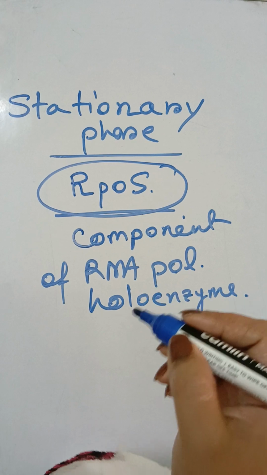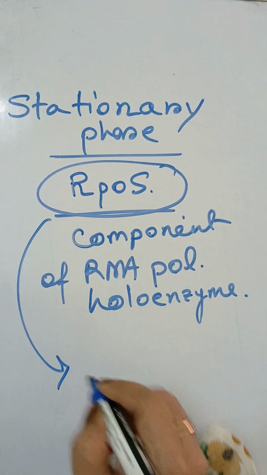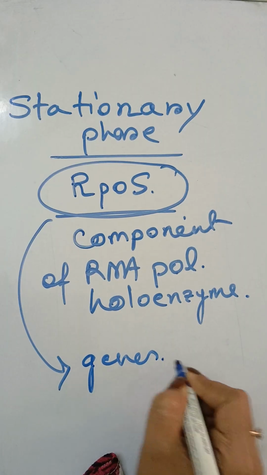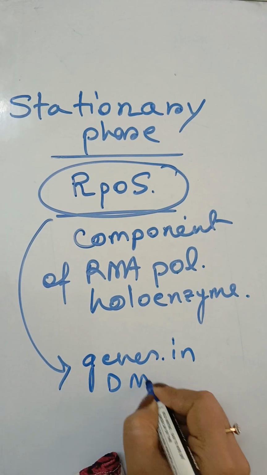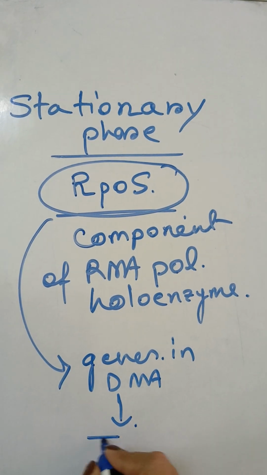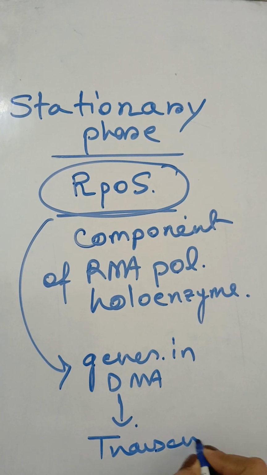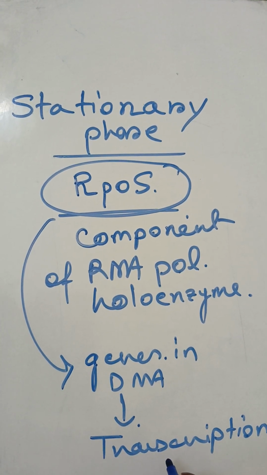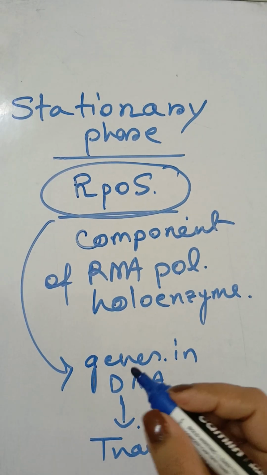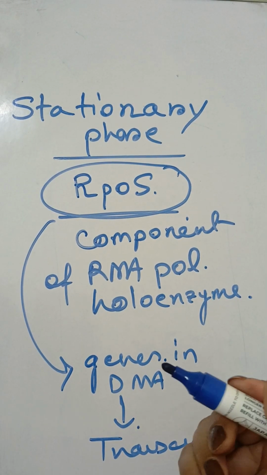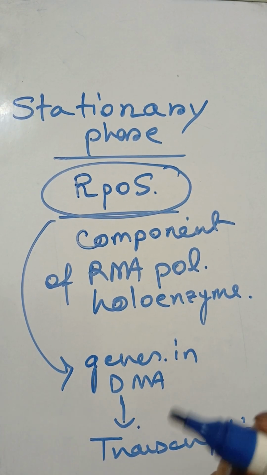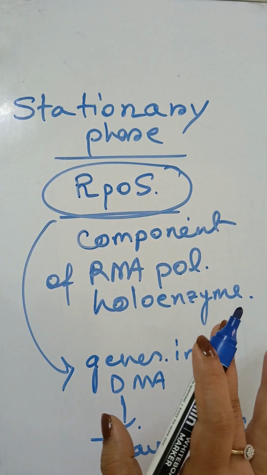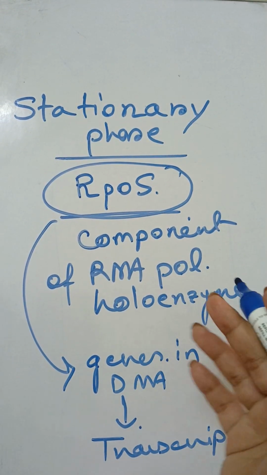This type of protein usually binds at specific genes in DNA and then starts transcription of those genes, so that the bacterial cell can get those proteins or enzymes which will help them survive in the starved condition, meaning nutrient-limited, oxygen-limited conditions.